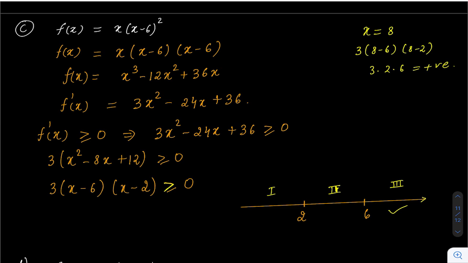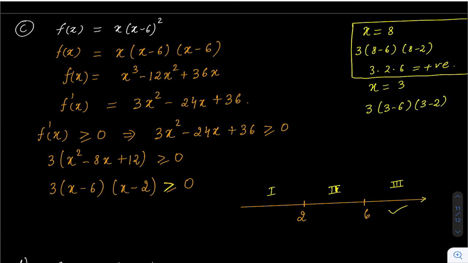We need this region. So now similarly, you take any value in the second region. For example, x equal to 3. Then you substitute and you see whether it is positive or negative. You don't even have to calculate the value. So this is positive, this is negative, this is positive. So overall, this product will be negative. But I don't need negative. So I don't need this region.